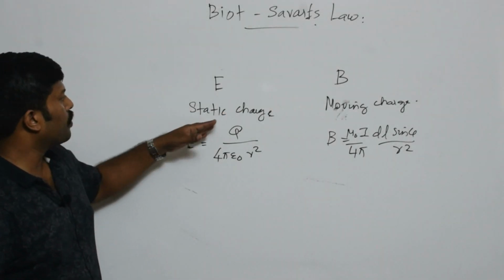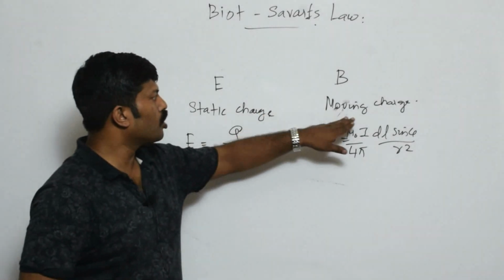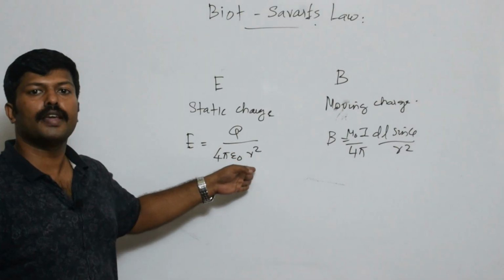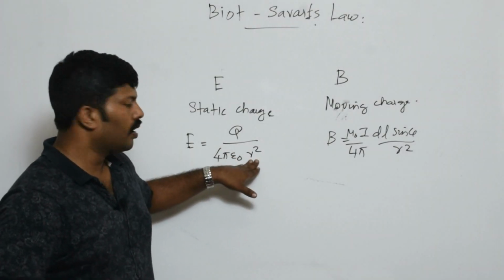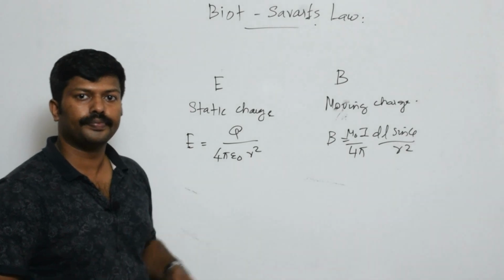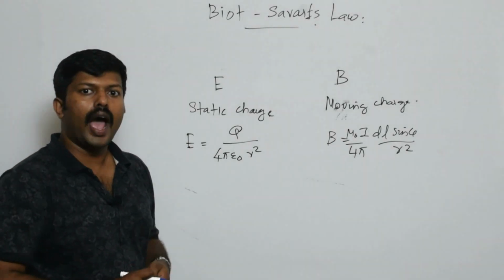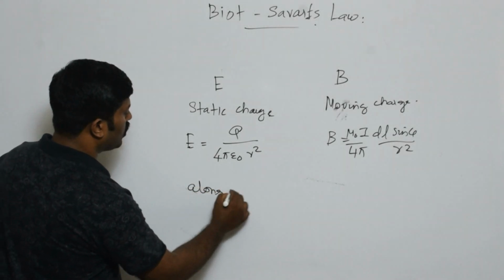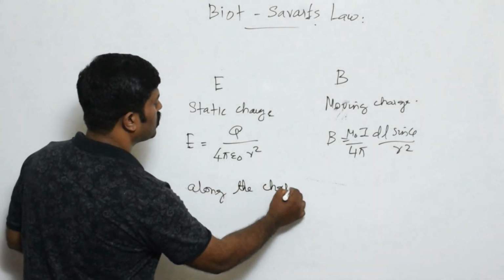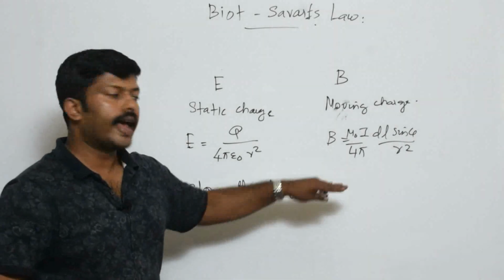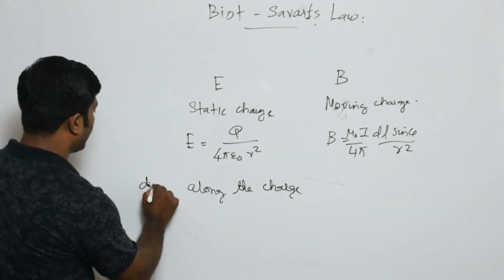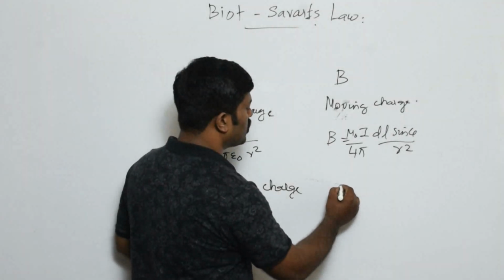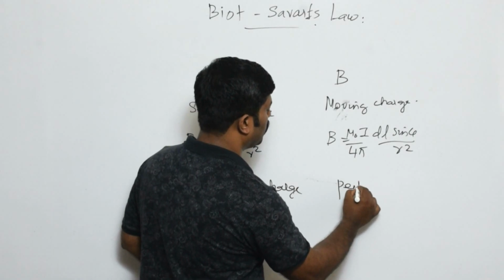The formulas are more or less similar because both are inversely proportional to the distance squared. And the direction of the electric field is along the charge, but here the direction of the magnetic field is perpendicular to the charge.